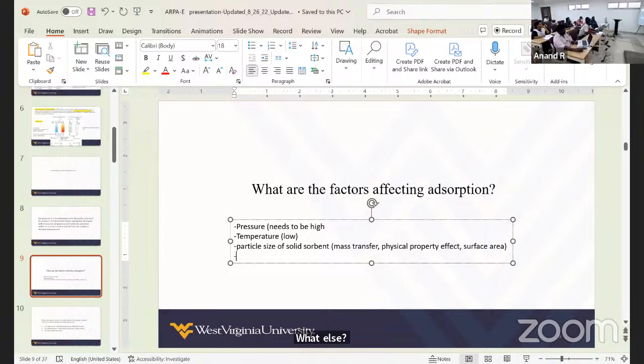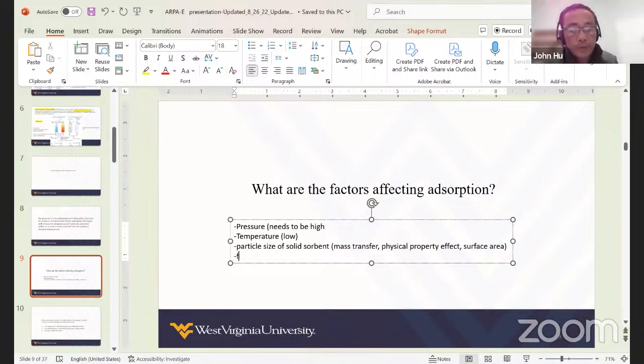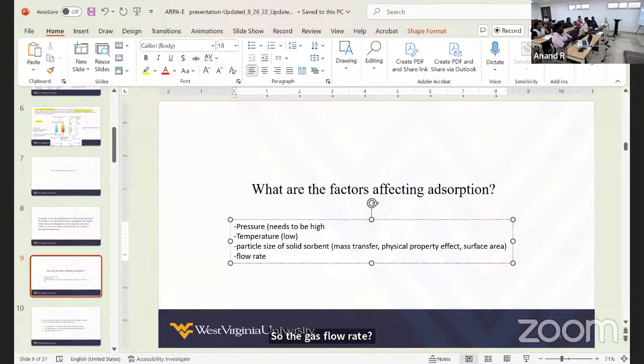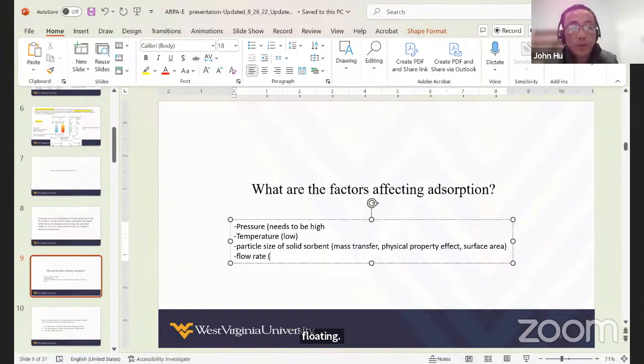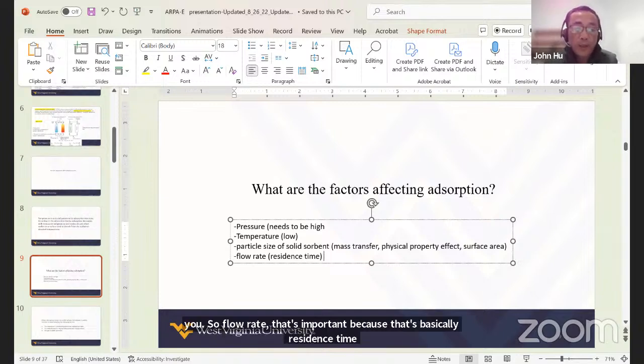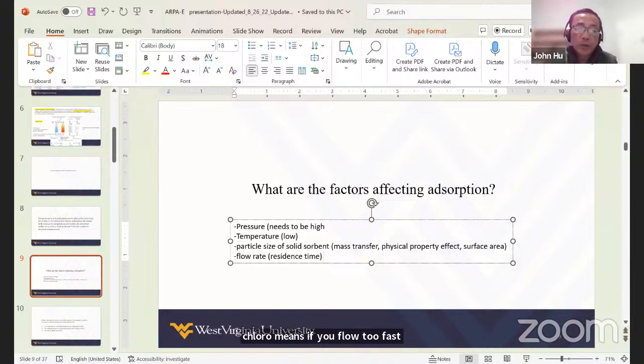Flow rate. Say it again. Flow rate. Thank you. Flow rate is important because that's basically residence time. If you flow too fast, ammonia doesn't have a chance to interact with the solid sorbent, so it will not adsorb. That's why when you design the solid sorbent bed, there's a limitation on the flow rate.